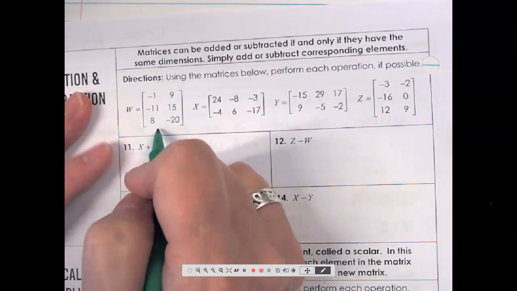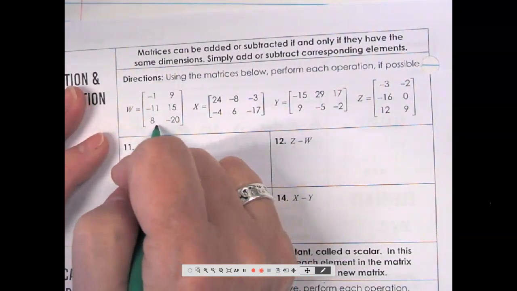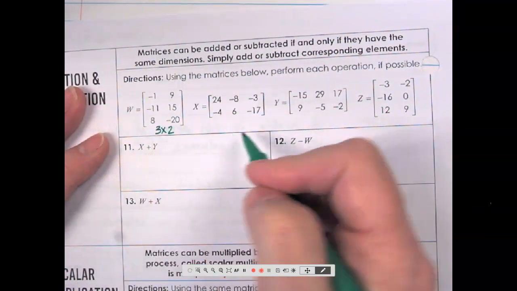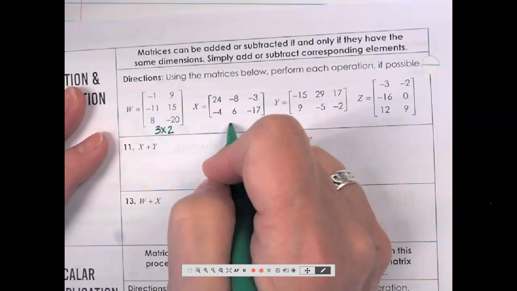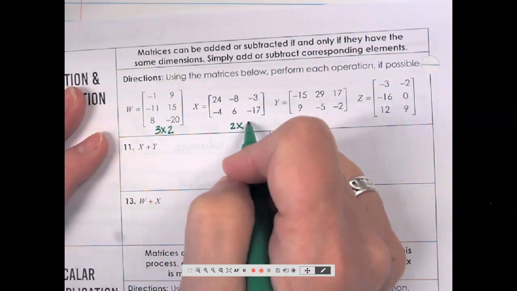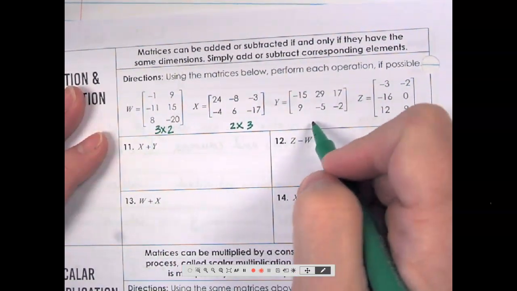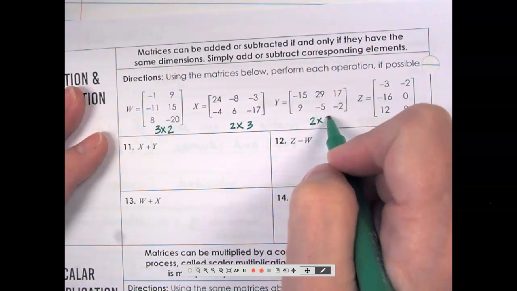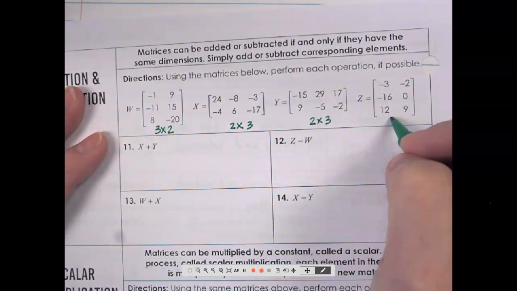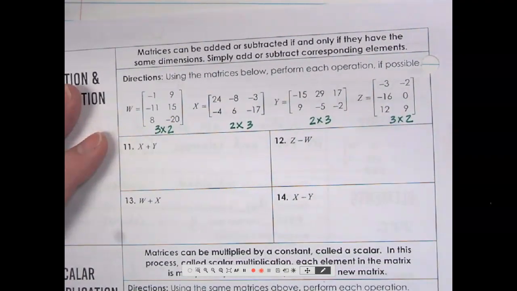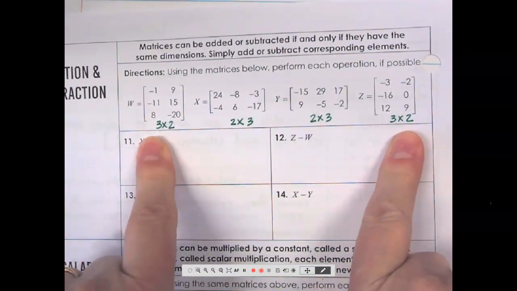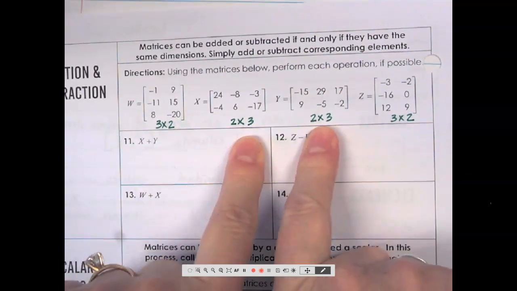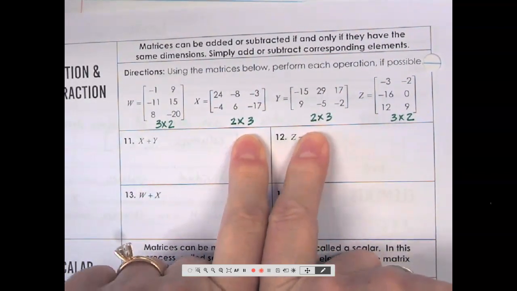This is a 3 by 2, 3 rows, 2 columns. This one is a 2 by 3. This one, 2 by 3. And this one, 3 by 2. So the 3 by 2s can only be added or subtracted together, and the 2 by 3s can only be added or subtracted together.